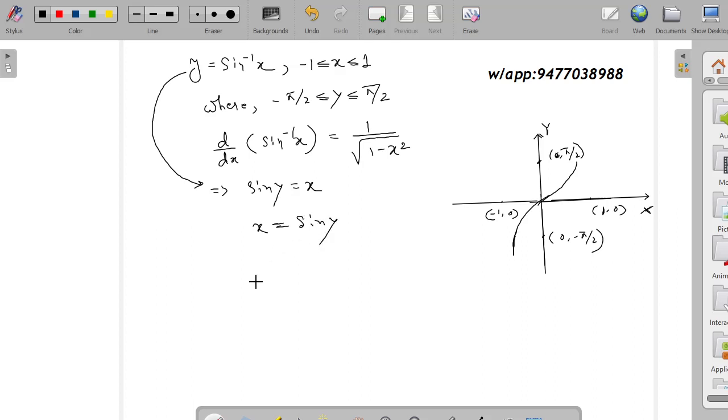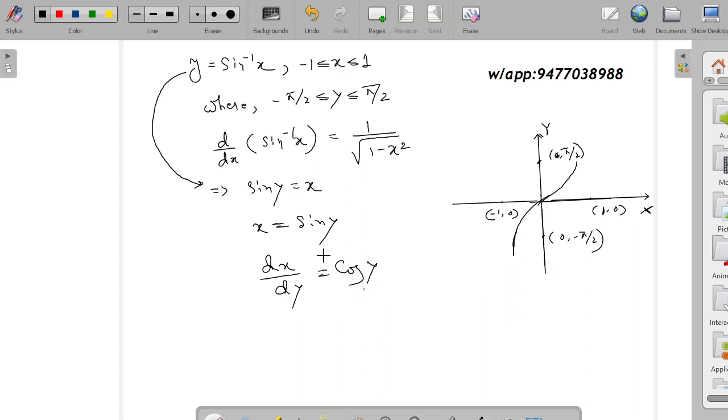Now we can use implicit differentiation. This is a case of implicit differentiation, but we are differentiating this with respect to y. So dx/dy equals cos y.